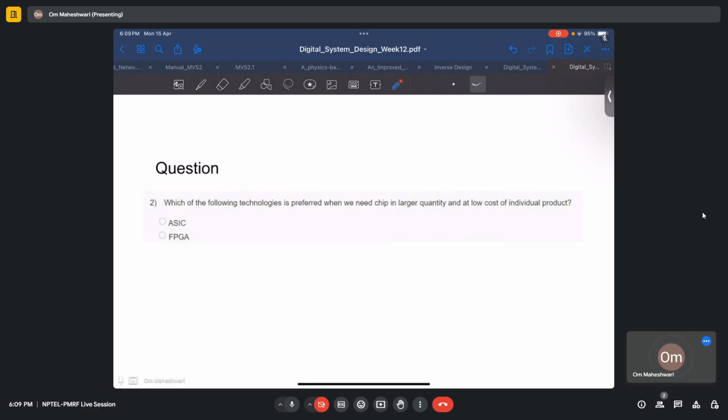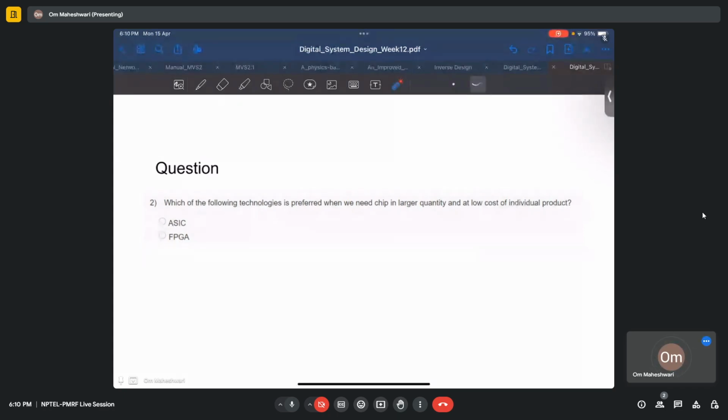But it is highly inefficient and it is good only when we want to do some study or we want very few circuits. But when we need a circuit in very large quantities, like any specific circuit in a mobile phone, where millions of mobile phones are made together, that's a large scale implementation of a circuit.